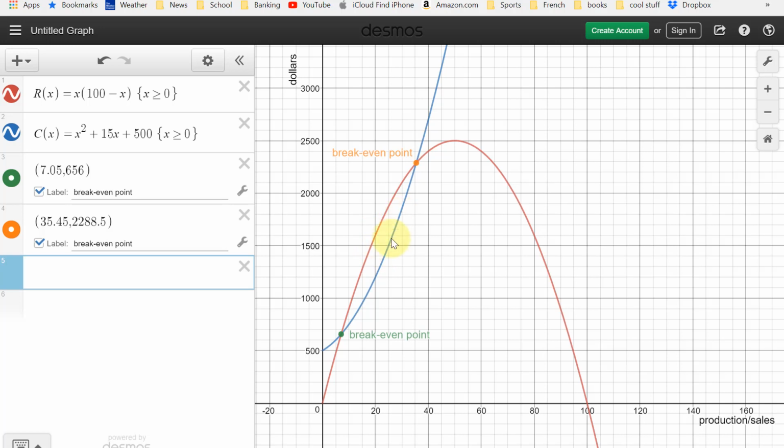The profit is made in this interval between these two break-even points. Outside of those break-even points, if you go above 35, then your cost is more than your revenue. And if you're less than 7, your revenue is less than the cost. So in both of those cases, you'd be losing money. Only between the break-even points is there a positive profit.